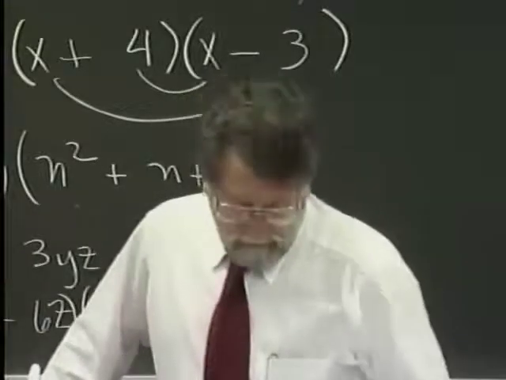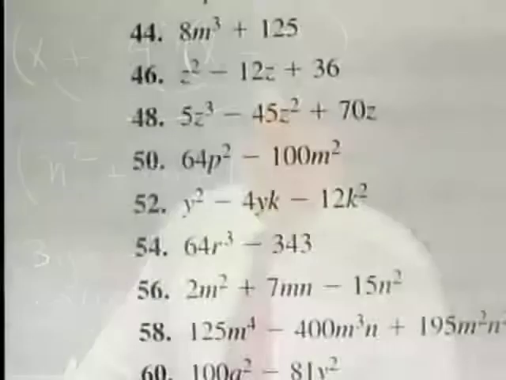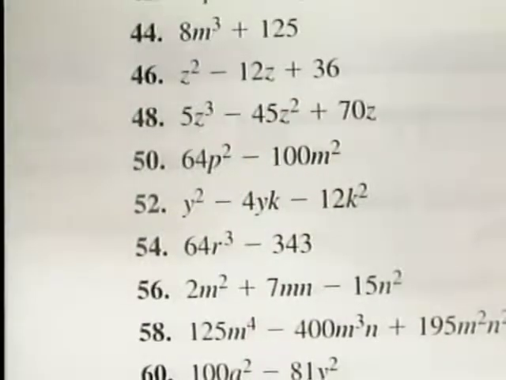Would you consider number 48 an easy one? 48. Okay. 48, would I consider that a nice one? And the answer is only after the GCF comes out. The 5Z. Is that Z? Yeah, the 5Z, it comes out, yes, life gets good.